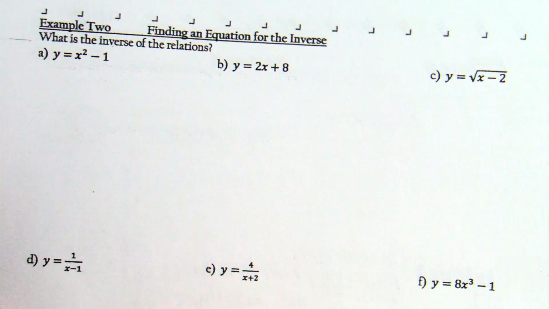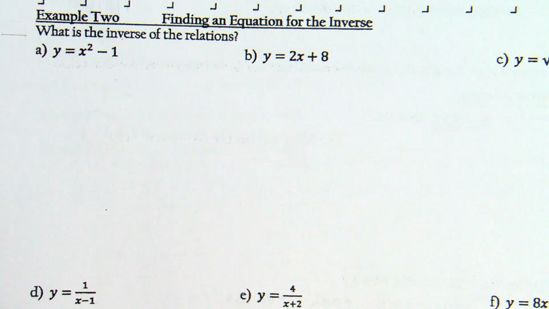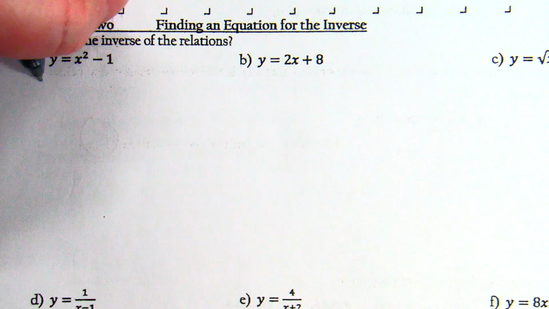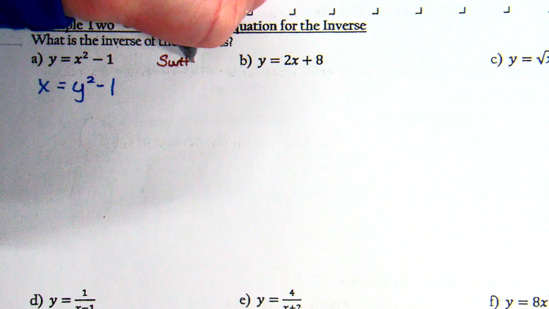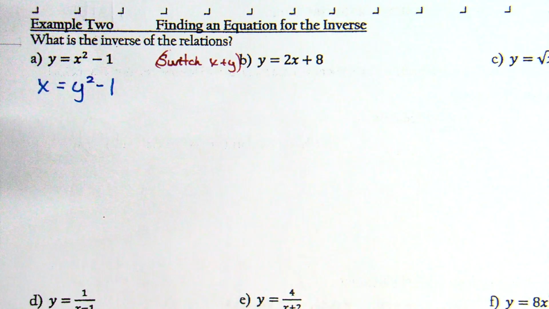So when I say switch x and y, instead of writing y equals, I'm going to write x equals. Instead of writing x squared minus 1, I'm going to write y squared minus 1. So that was my first step, is that I switch x and y.